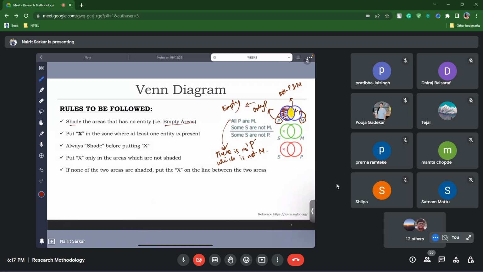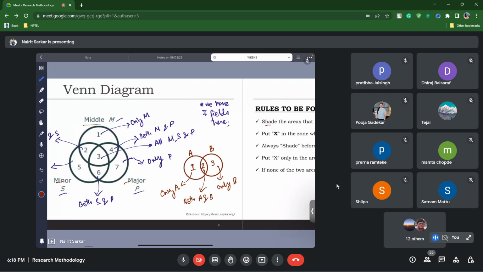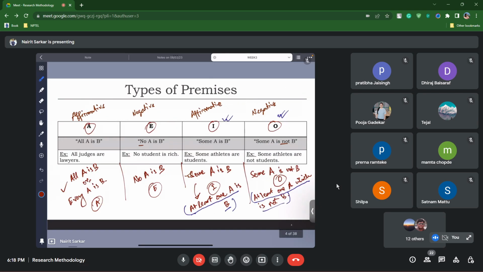Then the second rule is to put X in the zone where at least one entity is present. See this, at least one. We already discussed this with A, I, O: in the cases of "some," at least one is there or not.